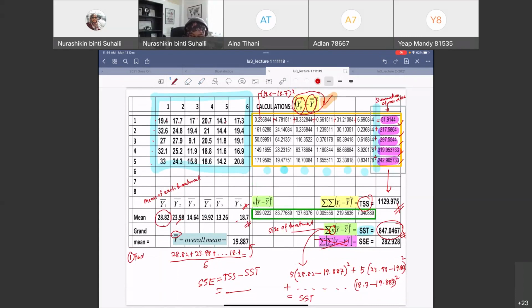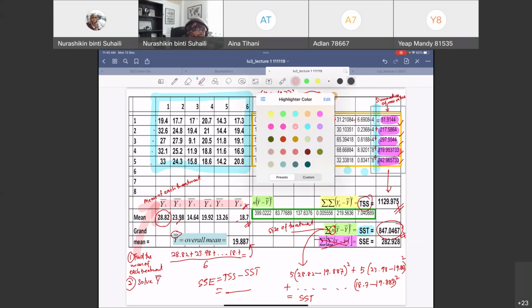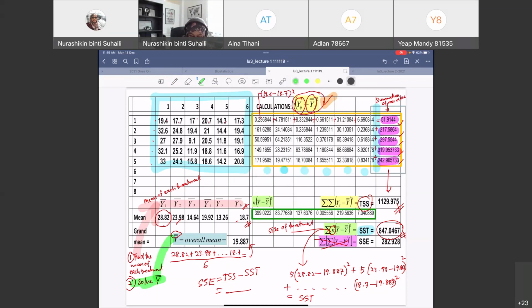find the mean of each treatment. That is this one. Okay, that's the first thing. Second is find the overall mean, which is this.